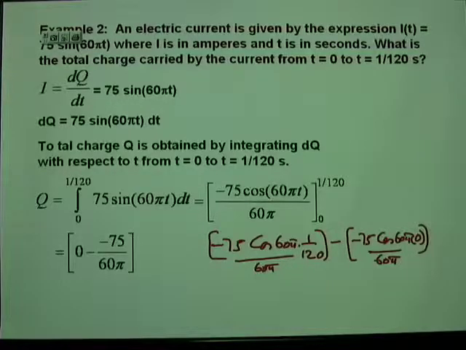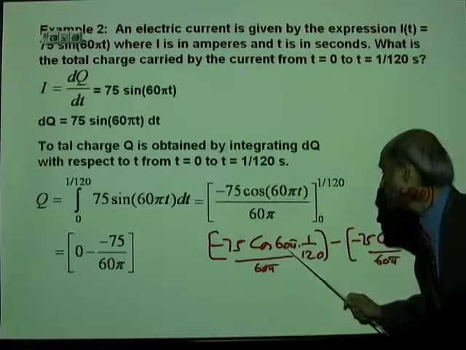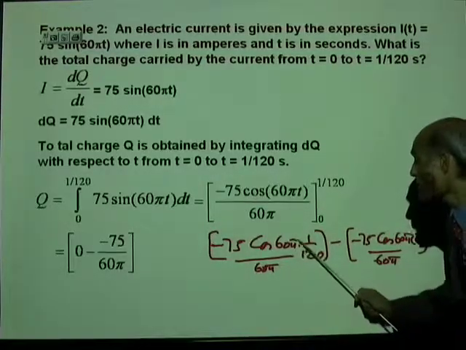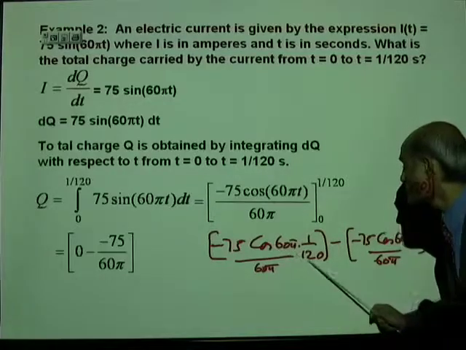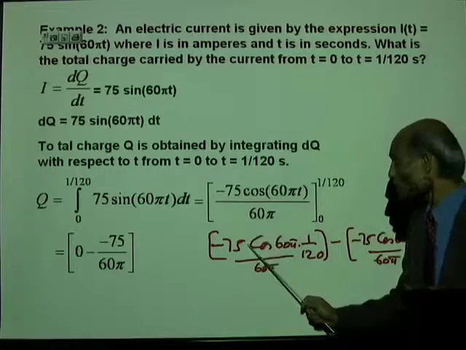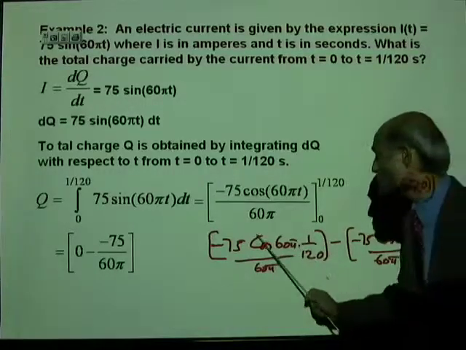And if you look here in the first term, the 60 and 120 cancel, leaving a 2 in the denominator. So this will simplify to pi by 2. And tell me, what is cosine of pi by 2?